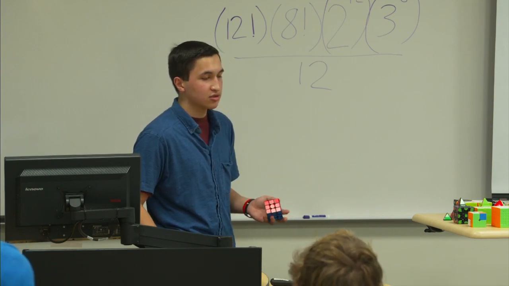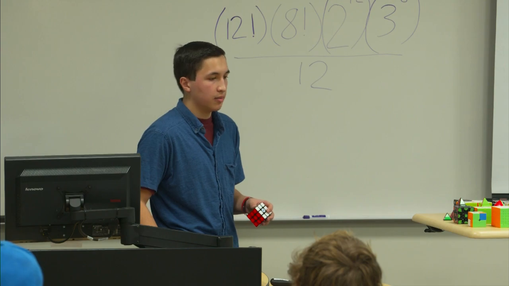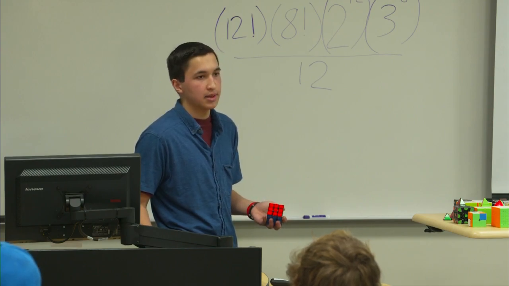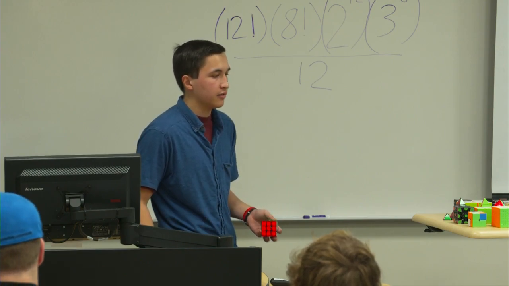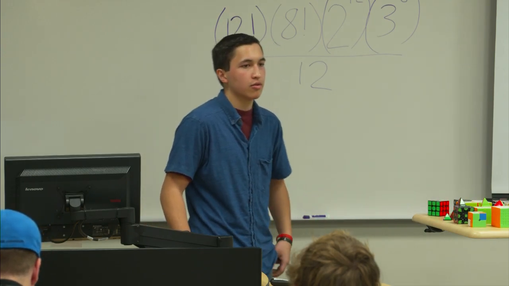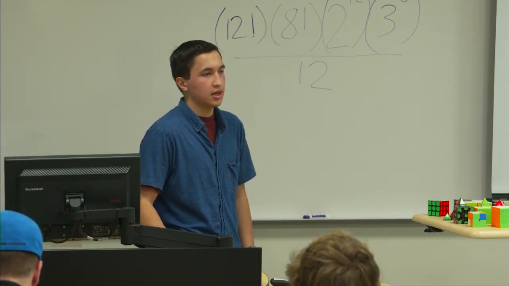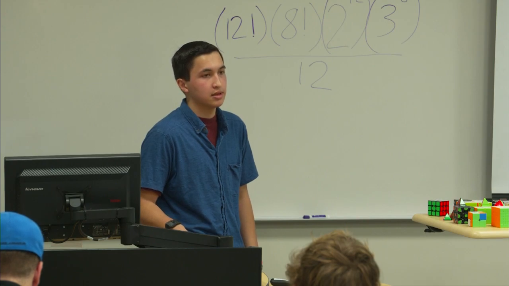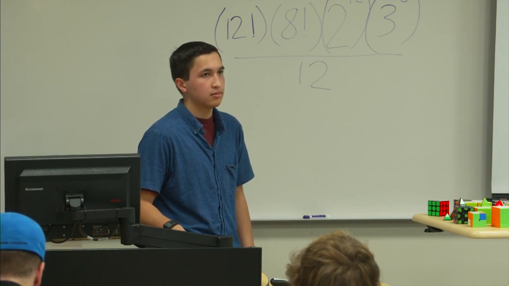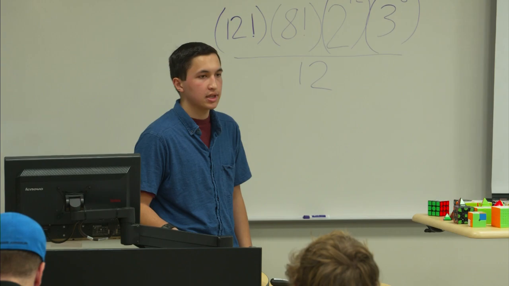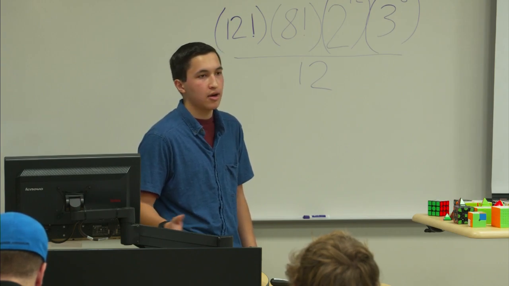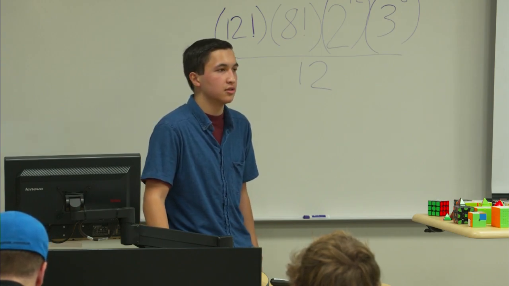I got extremely lucky on that one. But in competitions, that doesn't happen. I have like 2,500 recorded solves, and only 2 of them were last layer skips. And you do, I think, either 5 or 12 solves in competition. So you can't count on a lucky solve.